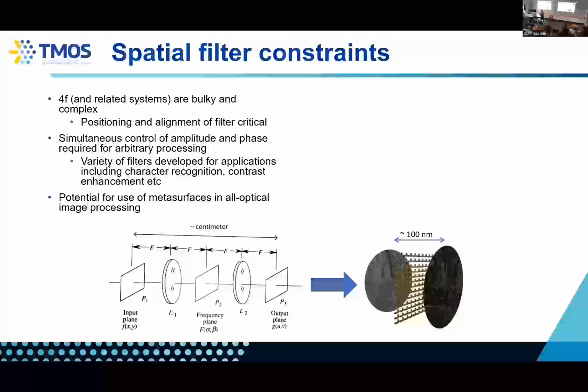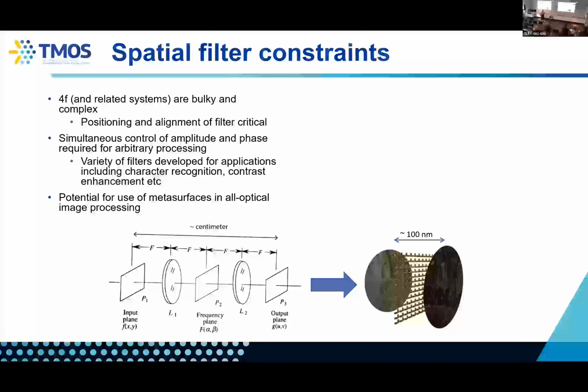Okay, so what are the issues with this approach to spatial filtering? It has a lot of positives, but the systems are quite bulky. The positioning and alignment of the filter are both critical. Furthermore, actually having a mask where you can independently manipulate the amplitude and phase at each given point on a mask is quite challenging using traditional approaches.